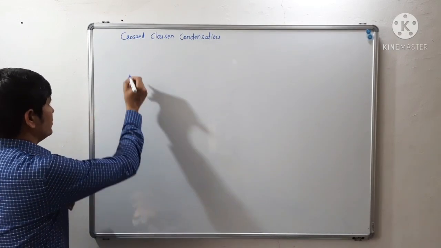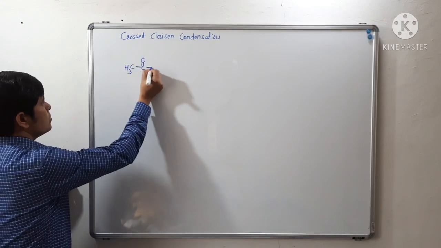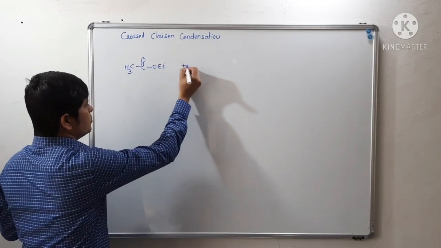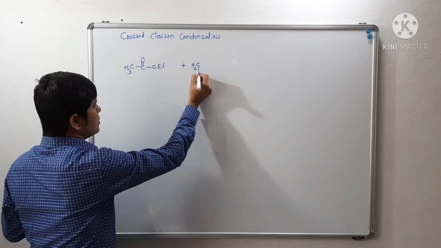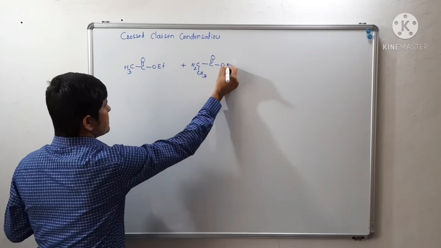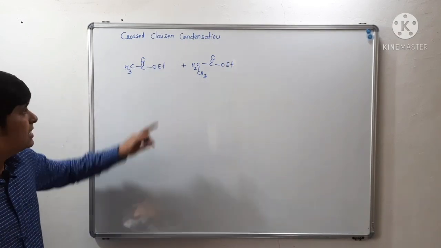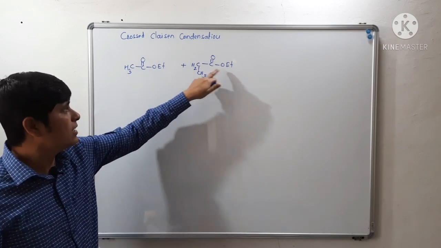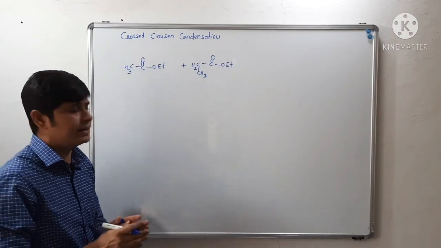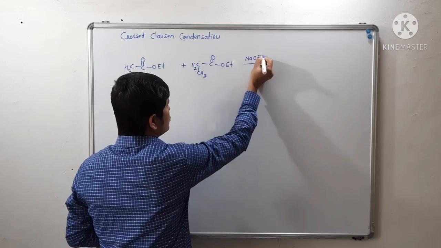For example, the first one is ethyl acetate, not ethyl acetoacetate, ethyl acetate, and the second one is ethyl propanoate.